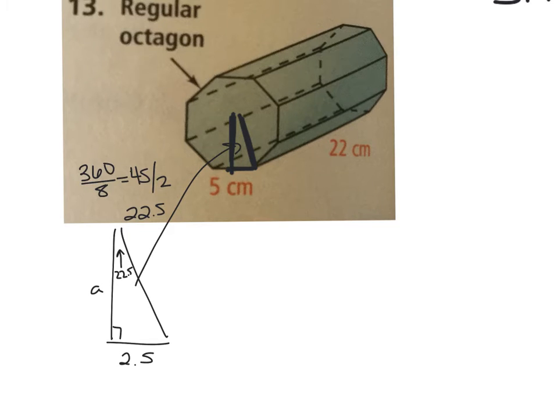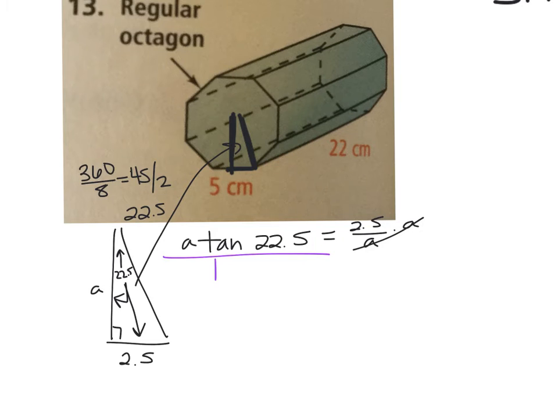So your apothem, you have the opposite and the adjacent, so that's tan 22.5 equals 2.5 over A, and then you would multiply by A on both sides, and then you would divide by tan 22.5 on both sides.